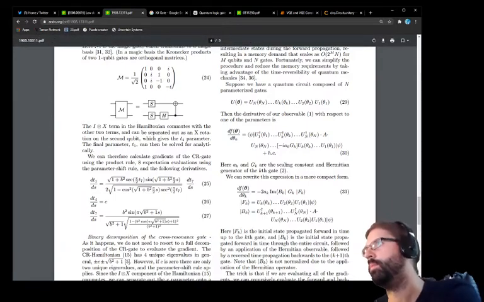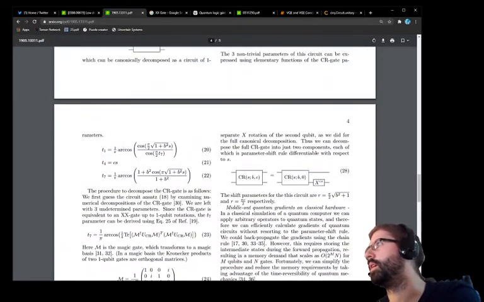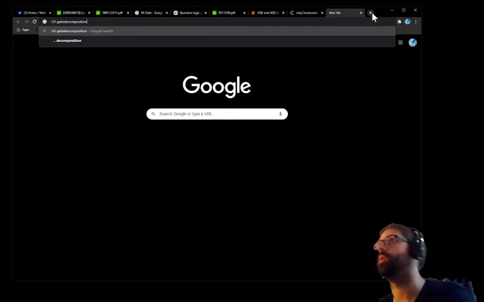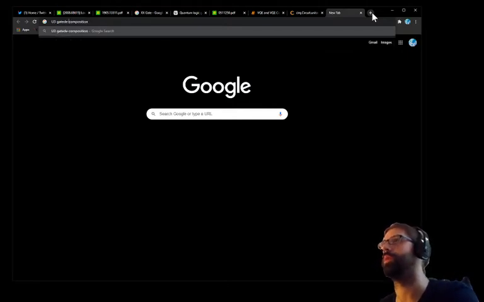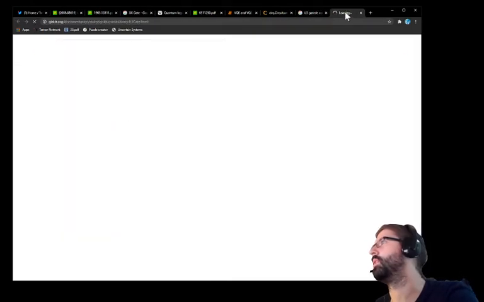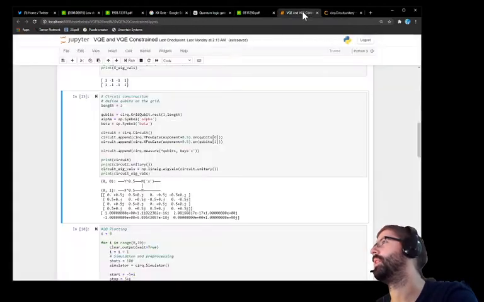So, talking about a CR gate and these kind of things, maybe the U3 gate would be a practical example. Although I already know the U3 gate's decomposition is also a Pauli matrix, so that doesn't help either.